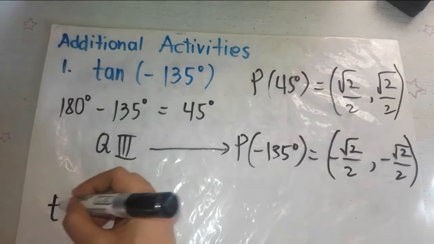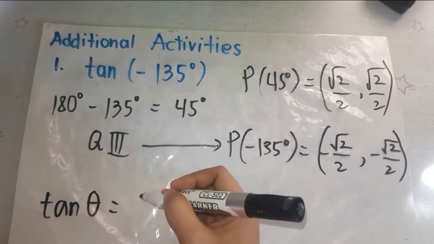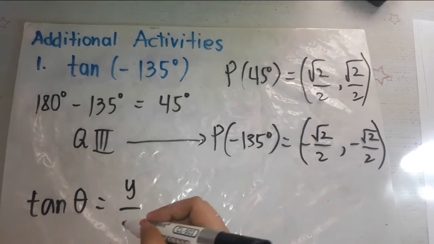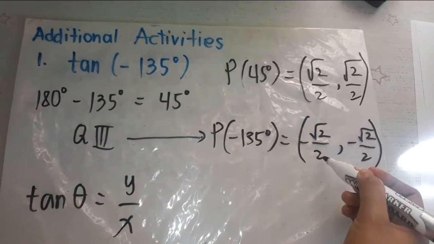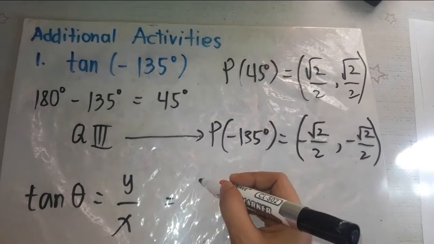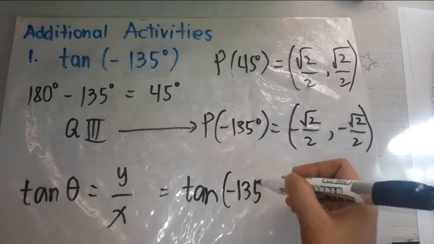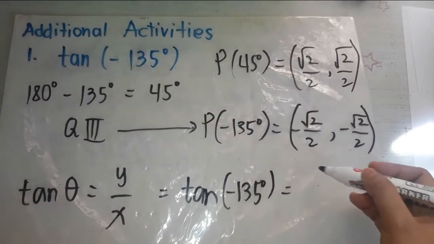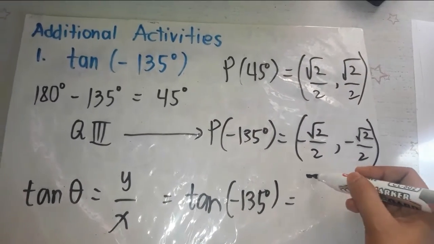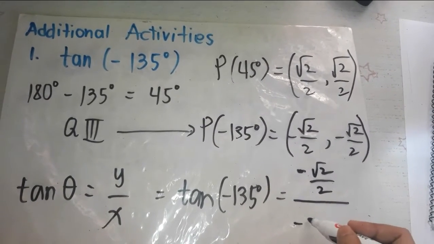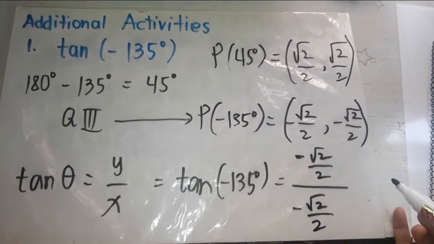Now, tangent theta is generally defined as y over x, meaning y over x. So we substitute tangent of negative 135 degrees. Sorry for the penmanship. This is negative square root of 2 over 2 divided by negative square root of 2 over 2.